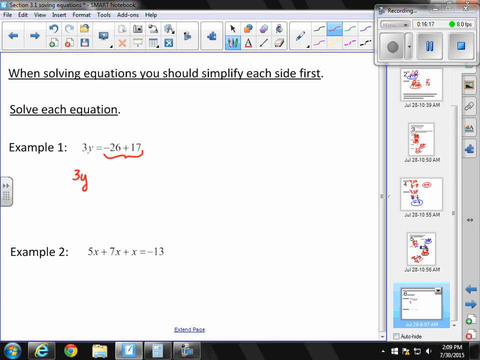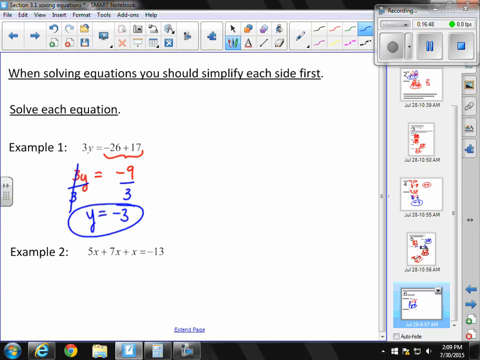When I do, I get 3y equals -9. I've simplified my equation. Now I can use my multiplication property. 3 times y. In order to get y by itself, I want to divide both sides of the equation by 3. 3 over 3 is 1, so I'm left with 1y equals -9 divided by 3, which is -3.